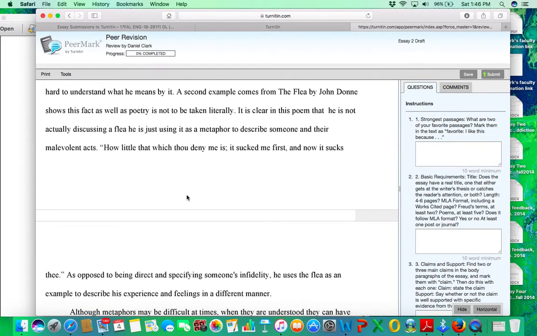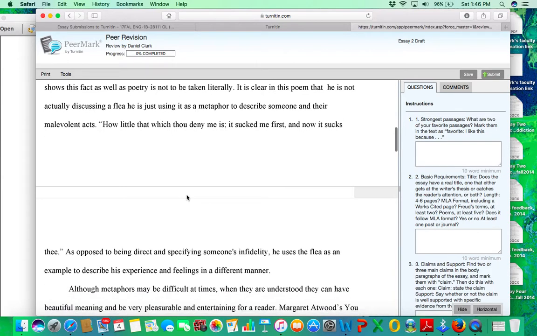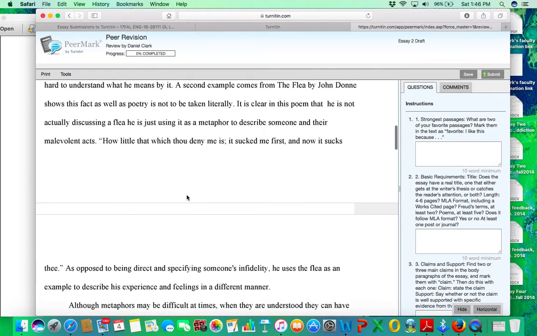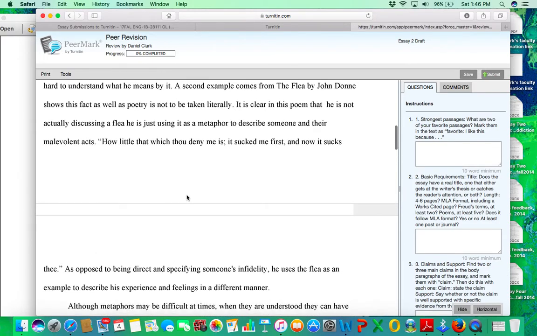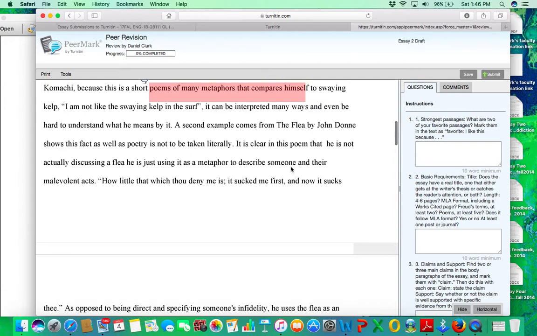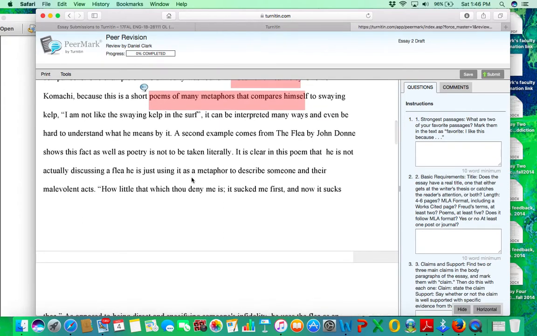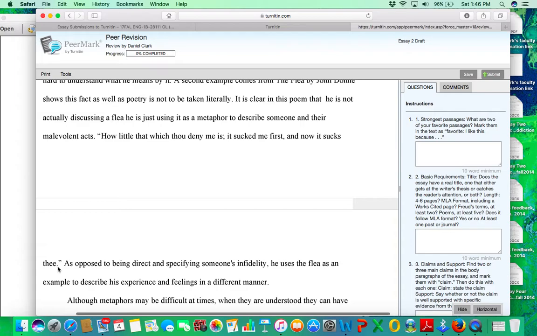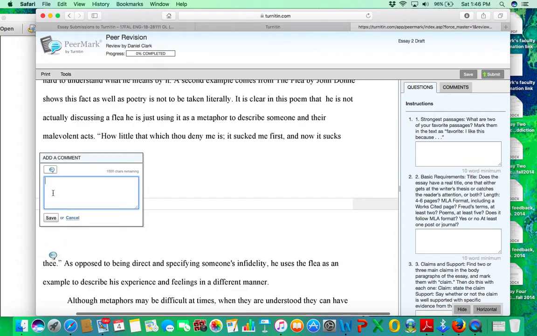"How little that which thou deniest me, as it sucked me first and now it sucks thee." One thing I'd like you guys to do is put page numbers or line numbers on for poems, especially the longer ones. Like here at the end, in parentheses, put your line numbers.